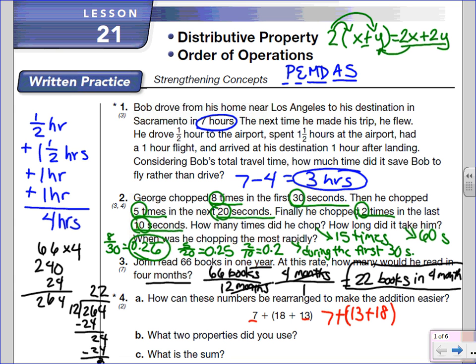And that's by the commutative property, which says that we can change the order. And then we're going to change where the parentheses are. And we're going to do 7 plus 13 first, and then add on 18.